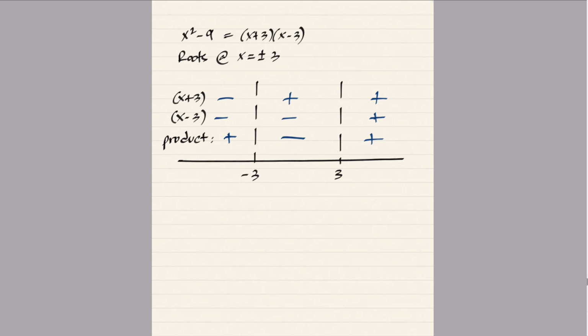So it would be this zone and this zone. And because we're interested in where it's greater than or equal to 0, we'll take the roots as well. And so as we said, this function is non-negative on the following interval.